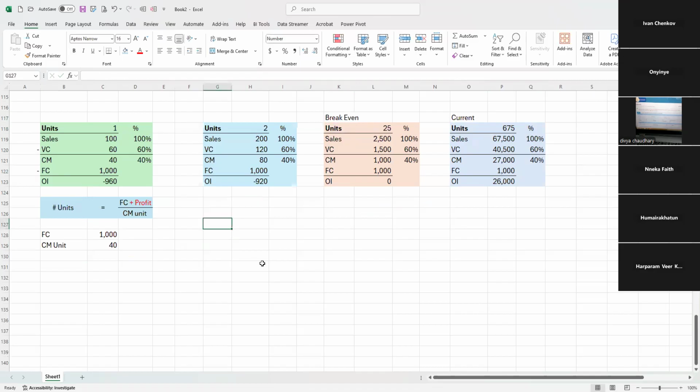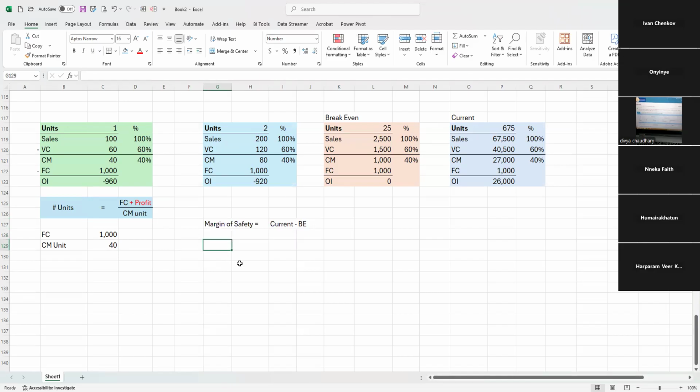The question is, what is my margin of safety? My margin of safety is simple. Where you are minus where the break-even point is. In other words, how distant you are from the break-even.